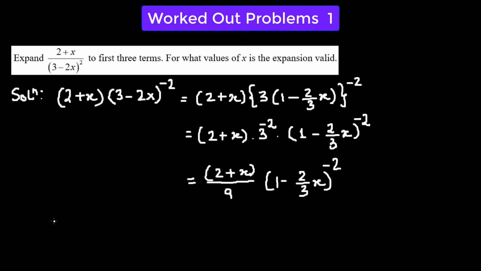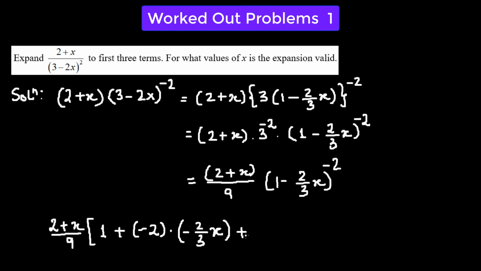So we will have 2 plus x over 9 times 1, the first term, plus n, so n here is negative 2, times x, so x would be negative 2 over 3 times x, plus the third term, which is n times n minus 1 over 2 factorial times (negative 2 over 3 x) whole squared, plus the remaining terms.